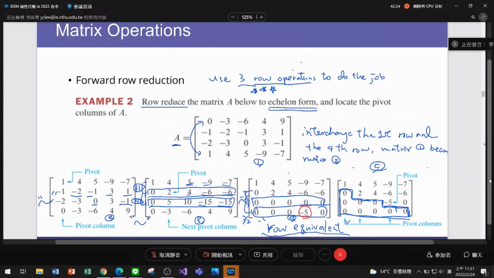We don't want that to happen because that does not satisfy what echelon form requires. In an echelon form, all the zeros need to be below the non-zero values. So then I continue to make the next row operation, which is interchange. So I interchange the third row and fourth row, and eventually get my matrix 5.